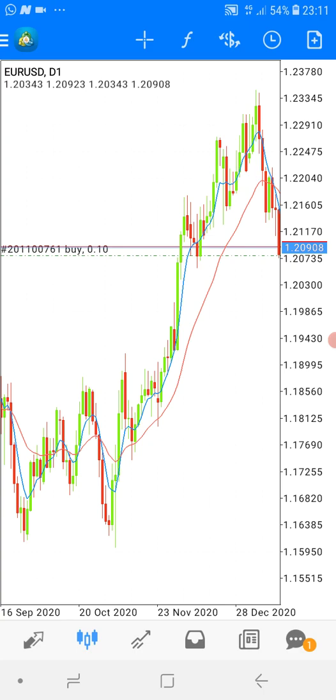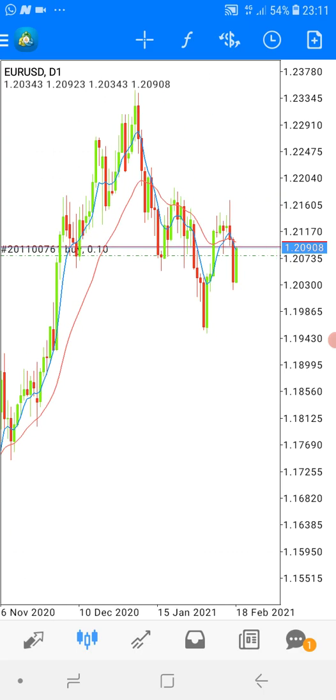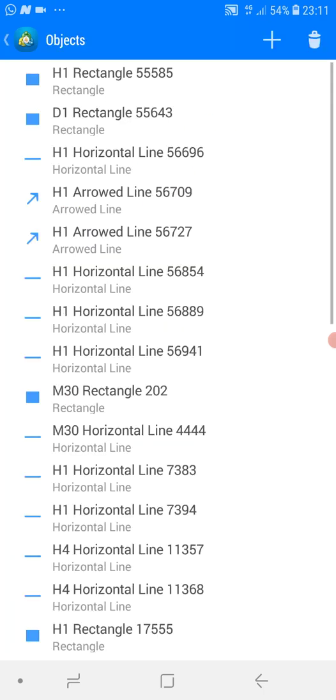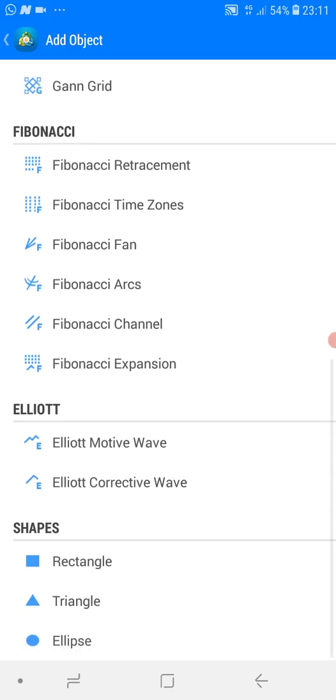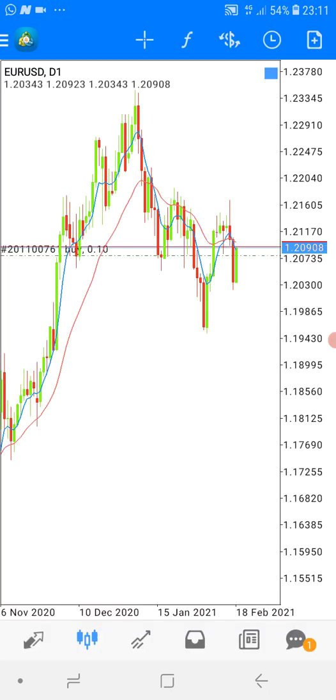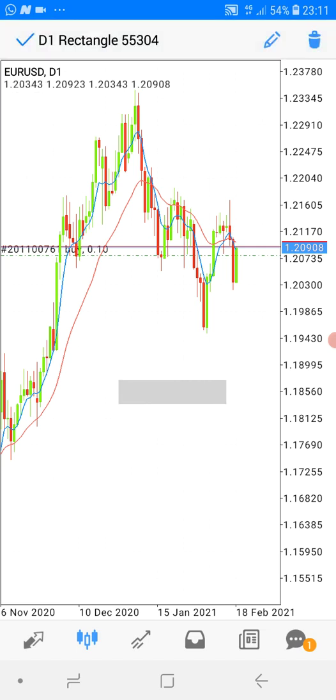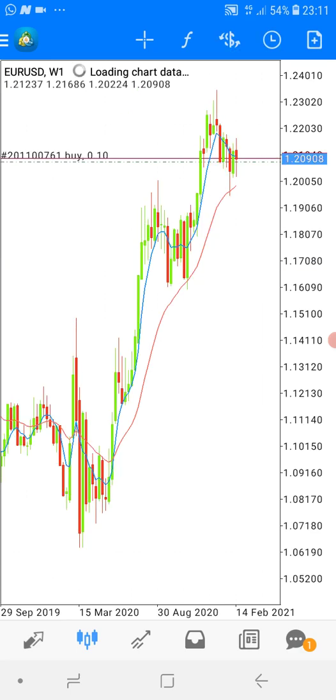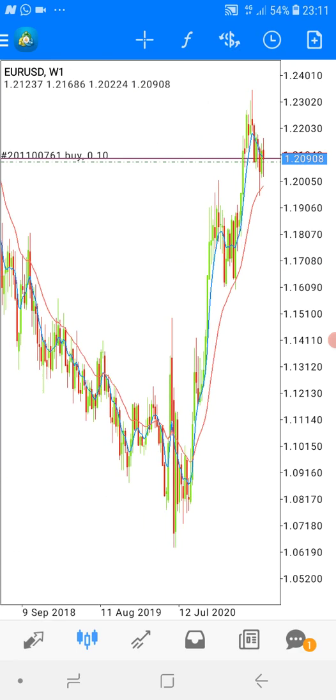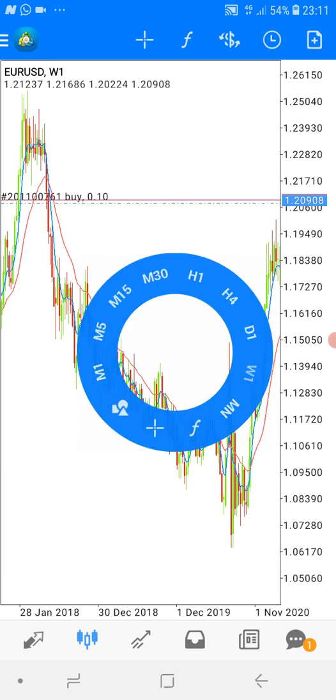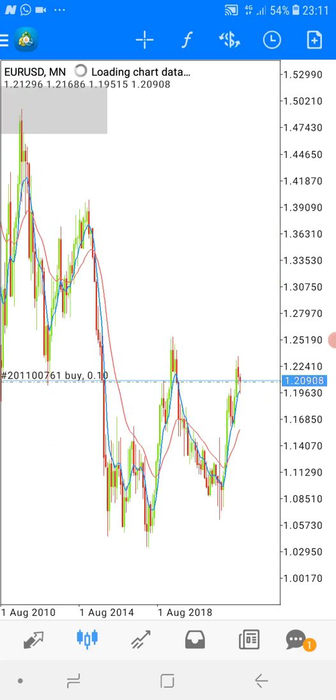Just zoom in on that. So remember I told you guys about, oh yeah, okay. So yeah, let's go to the weekly. Actually, this was one of the trades I took on the weekly based on the monthly.